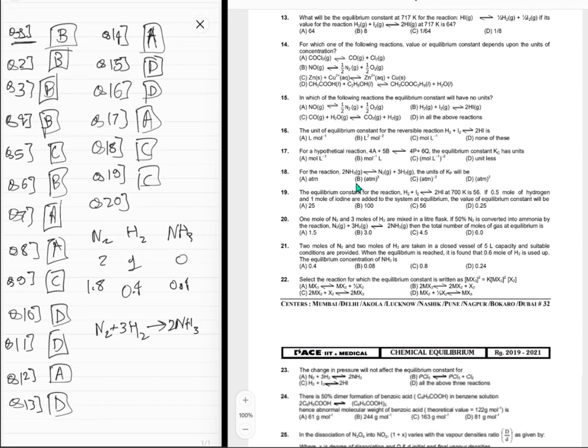Question number 18 was. I think I messed up somewhere, like the numbering is wrong. Question number 19. That was C. Yeah, 19 was pretty much that, and 20 was this thing. Okay, I was reading 21. I should maybe just mark where I'm going by this. I don't know. 50% N2 is converted to.